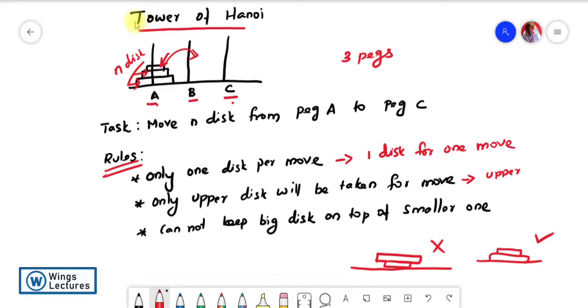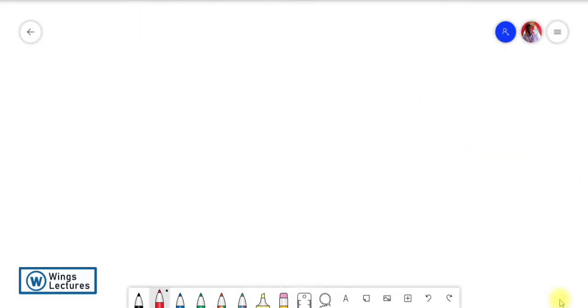So let me teach you how to solve this problem, how to write the recurrence relation for this, and how to find the time complexity for completing this algorithm. First, let me write the algorithm. Here I am going to take the function void Hanoi.